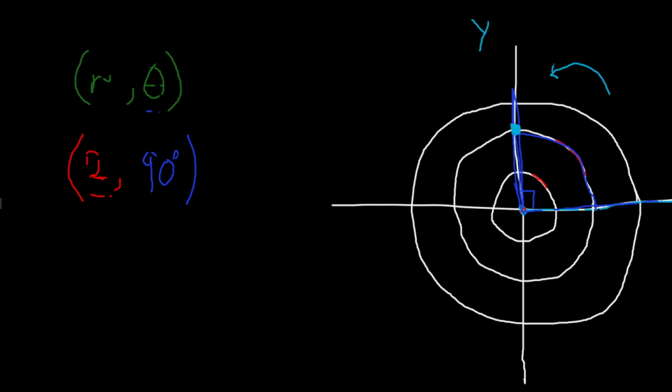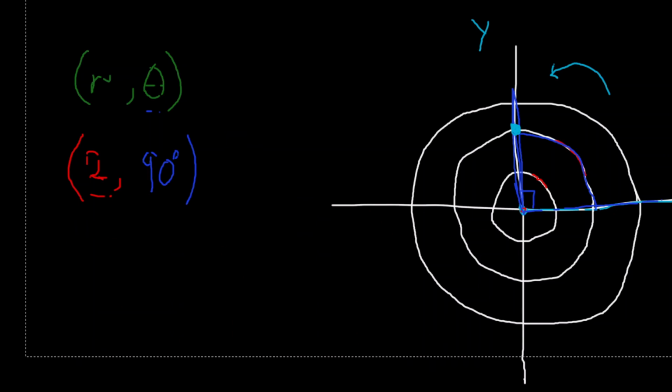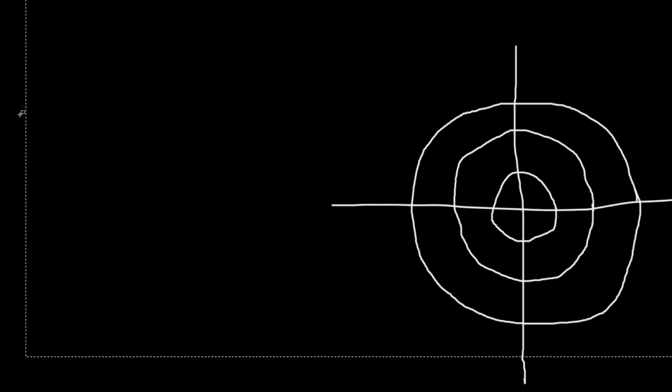Let's try another example. All right, so let's say I say 1, comma, let's do 60 degrees.